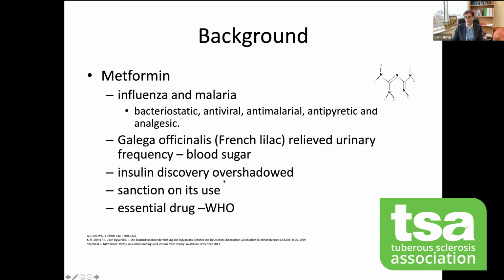Then it was banned because they thought it's a bad drug. And a better drug came out, insulin, at the time. And that's why metformin became very unpopular. It was banned in some countries. But then in the last 30 years, metformin came out again because people realized, oh, after all, it's not that bad. And now it's become one of the essential drugs on the WHO list.